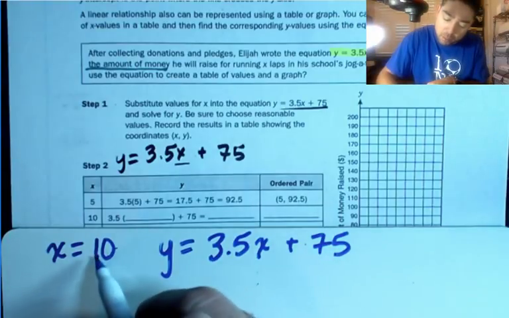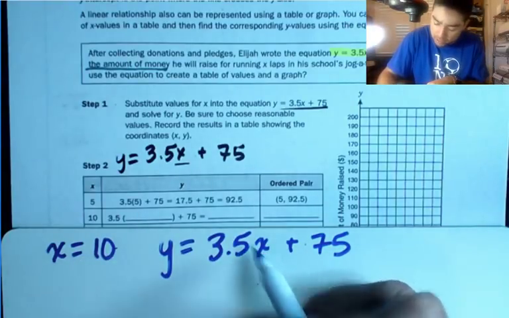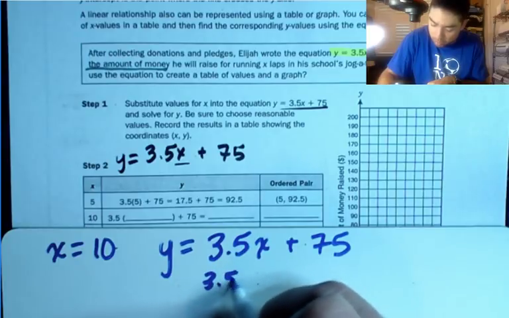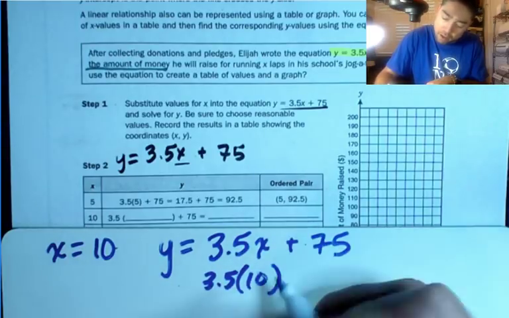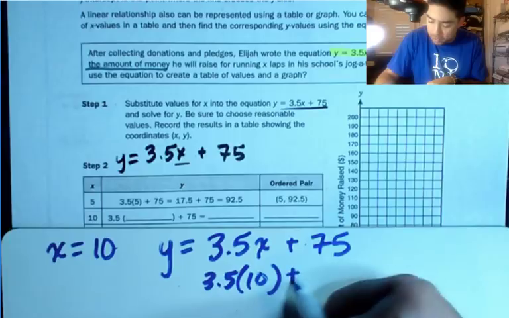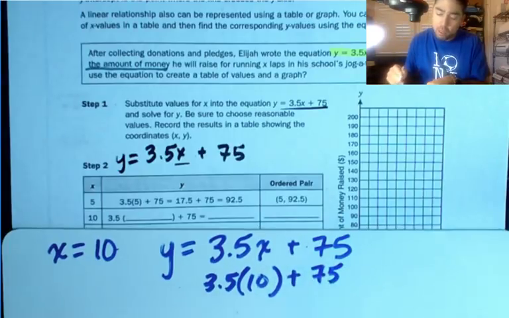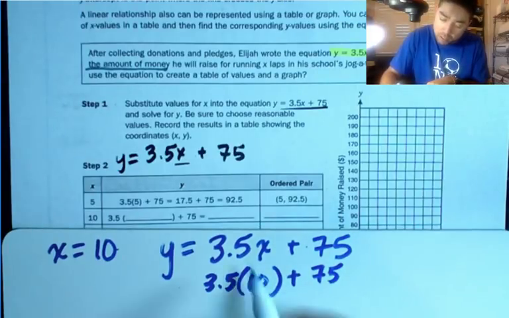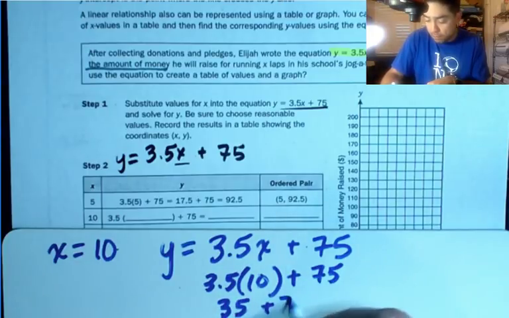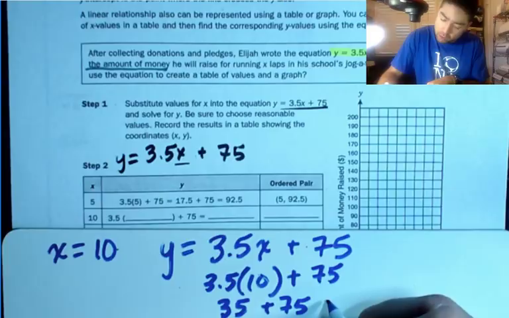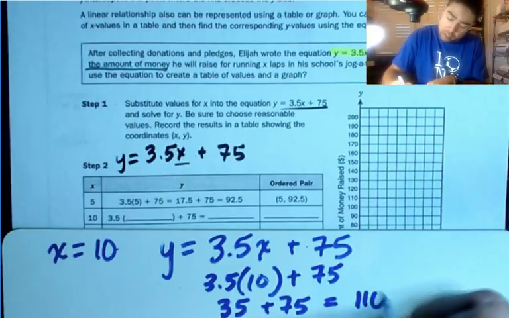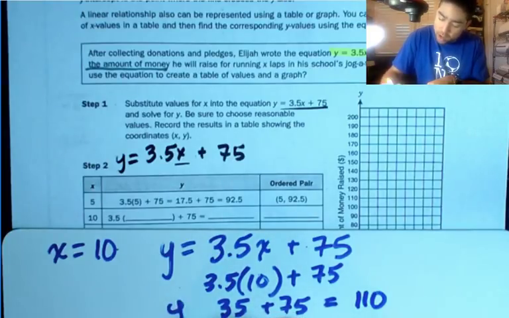So we're going to substitute the 10 in for the x, which means we're just going to plug it in there. 3.5 times 10 plus 75. Now 3.5 times 10 would be 35. 35 plus 75 equals 110. So y equals 110.